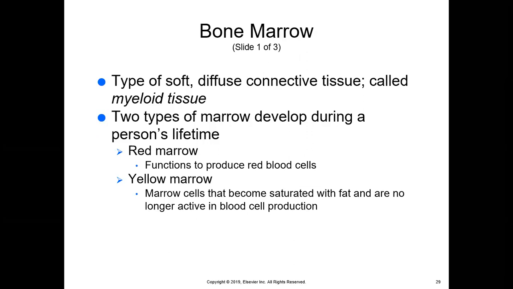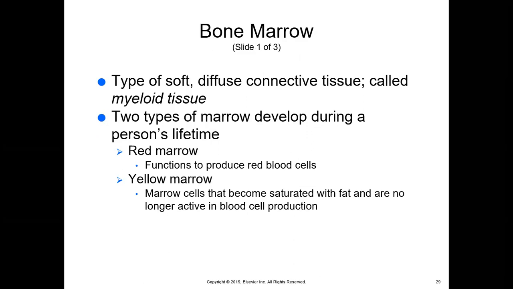Bone marrow is a type of soft connective tissue called myeloid tissue. There are two types of bone marrow that I need you to know. One is red marrow. It functions to produce red blood cells, and actually all the blood cells. And then you have yellow marrow. These are marrow cells that become saturated with fat.